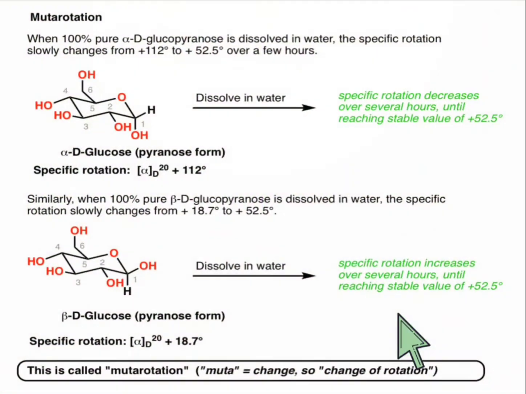In that case the rotation will be 52.5 degrees. This is only when the two forms are in equilibrium. That is the important point: at equilibrium, the solution contains one third alpha, two thirds beta, and a very small amount of linear form.